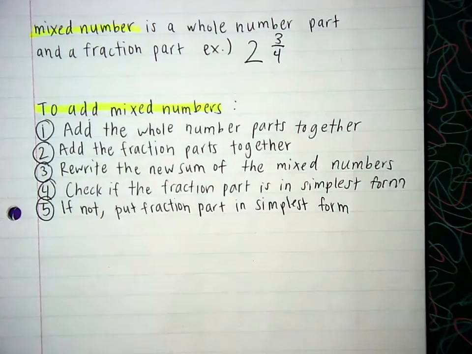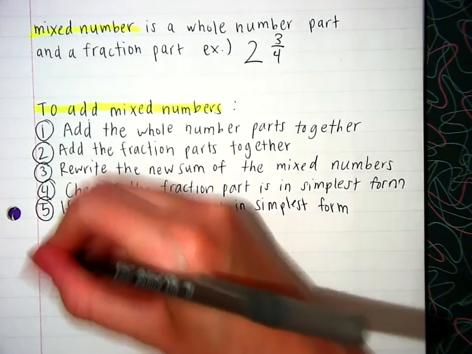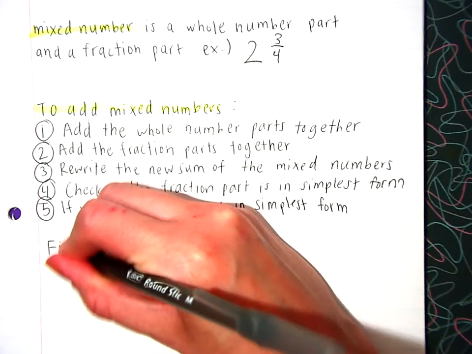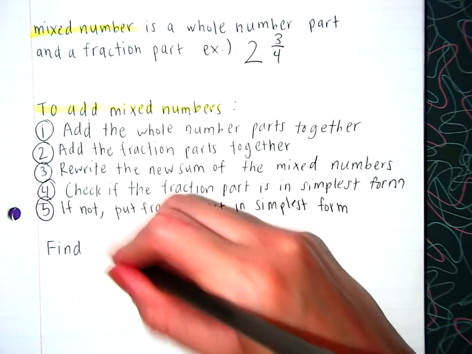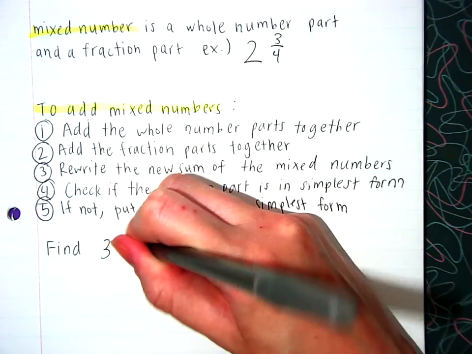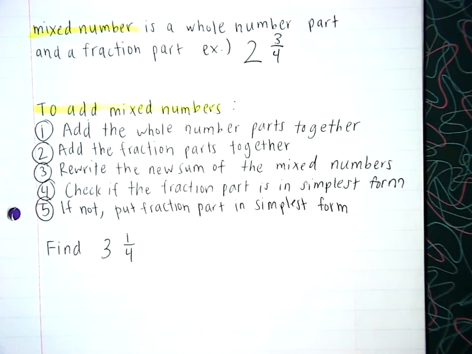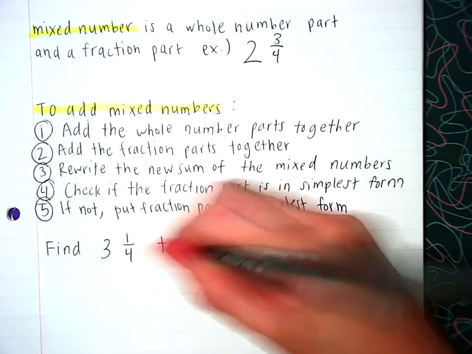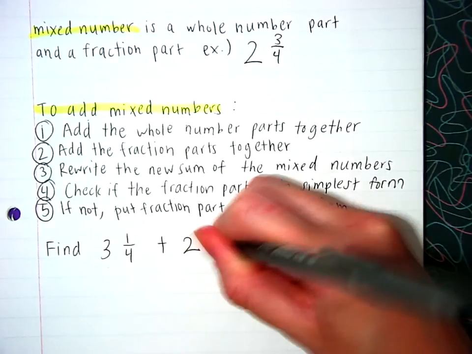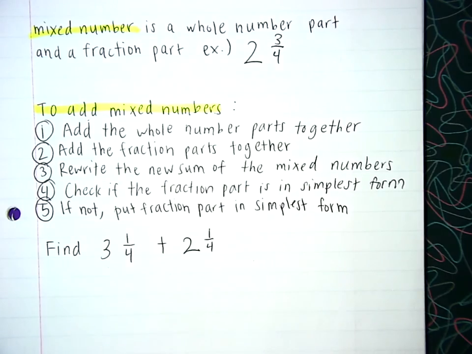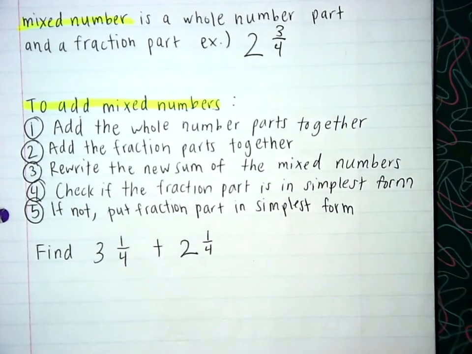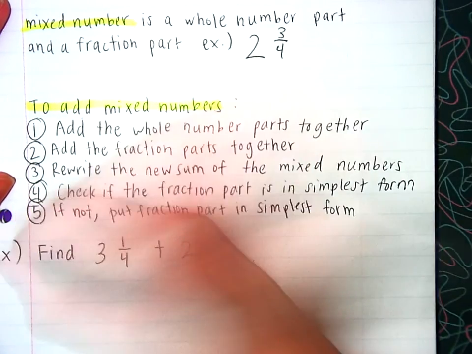So let's look at our first example. Find 3 and 1 over 4 plus 2 and 1 over 4. So that's our first example. I'm going to put it right here.